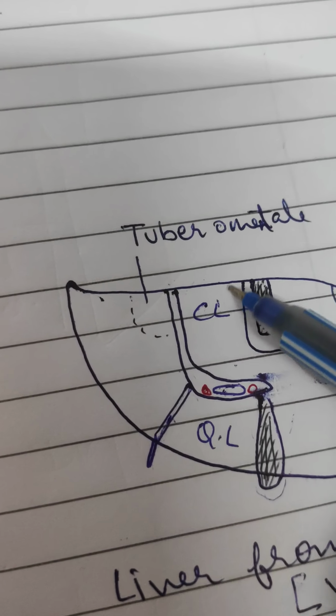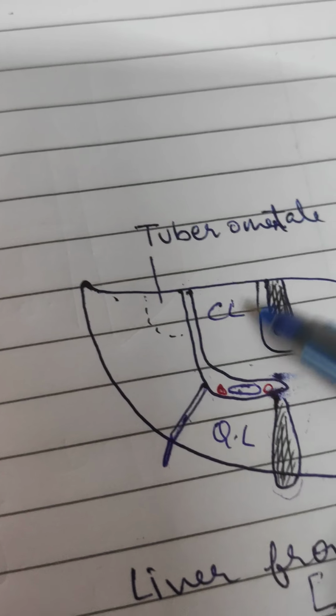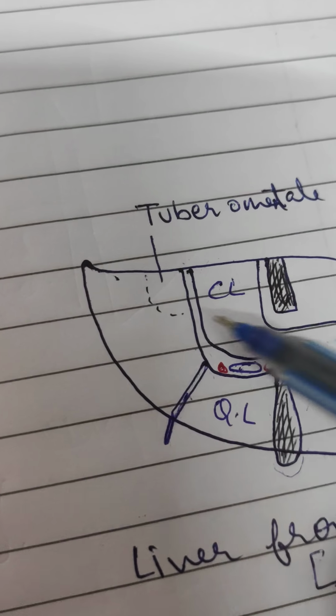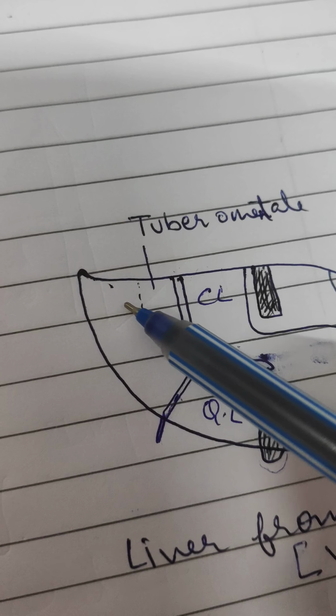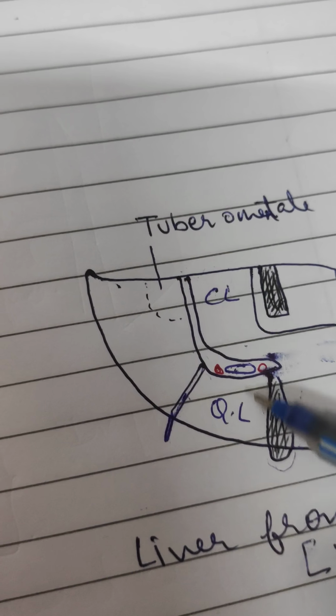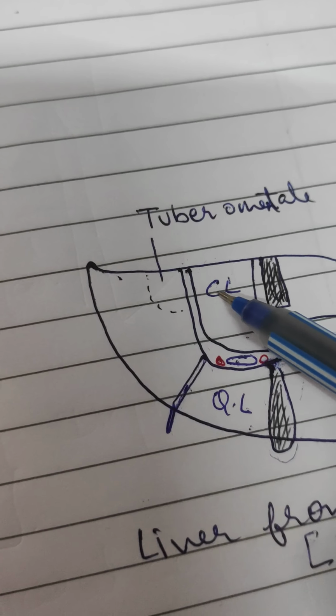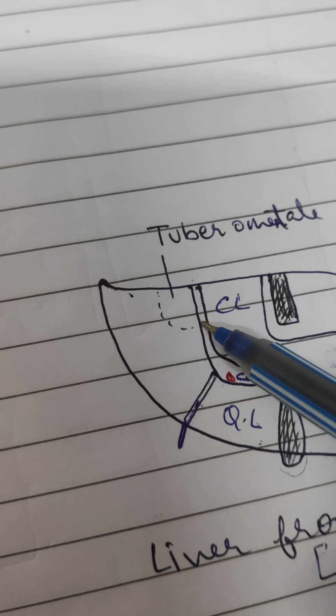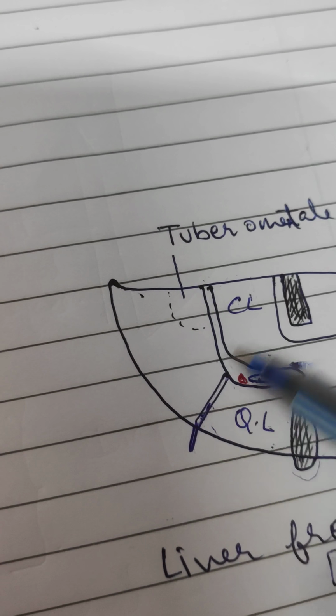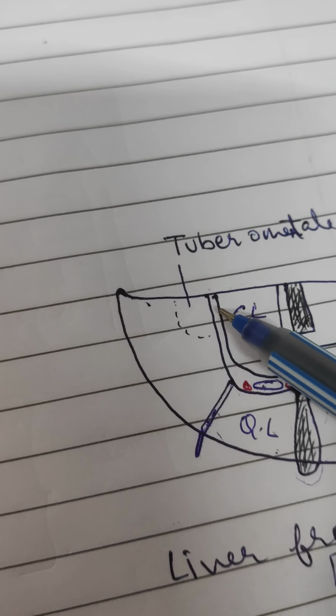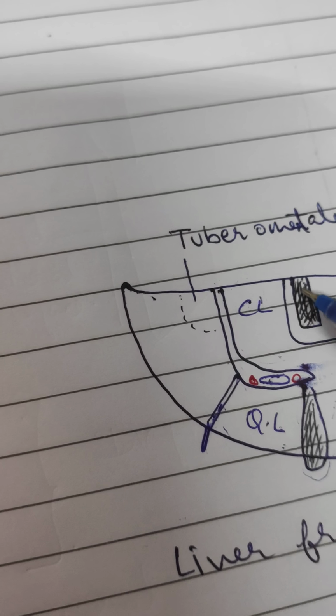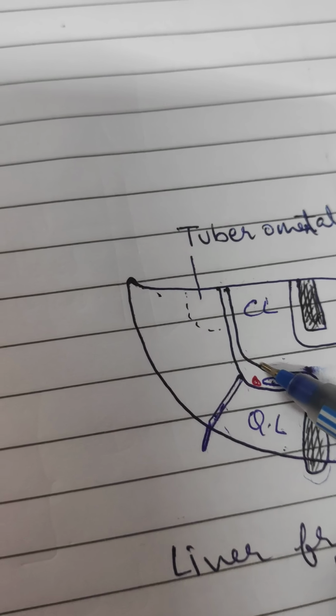We can see this part, this is the inferior and this is the posterior surface. Okay, it is quite merged. We can't clearly demarcate. So this is the posterior, this is the inferior surface. Where there is ligamentum venosum, this is posterior, ligamentum teres is the inferior one. So this caudate lobe is on the posterior surface, right?